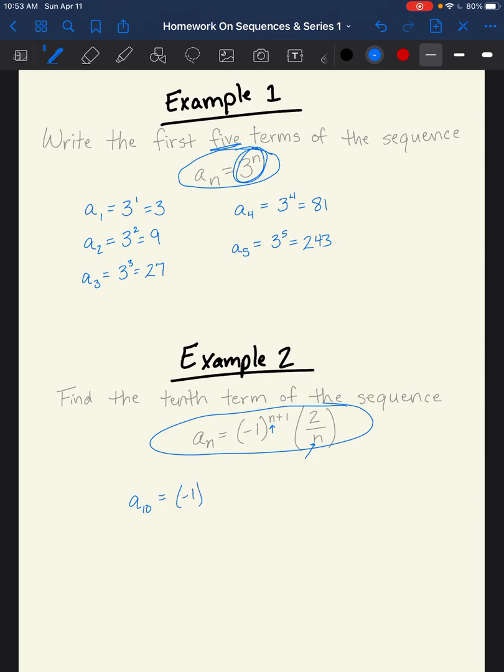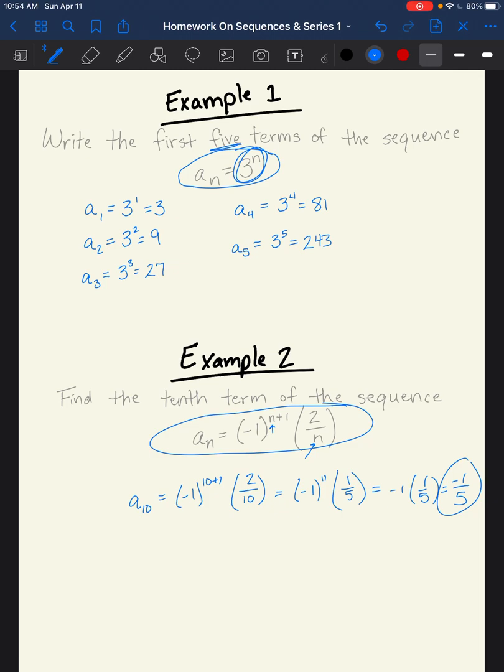So we'll do -1 to the 10 plus 1 times 2 over 10. Now that's a calculator question, so -1 to the 11th. Well, since that's an odd power, it's just going to end up being a -1. And I can simplify that 2/10 into 1/5. So I'm going to have -1 times 1/5, which is -1/5. And there's my final answer.